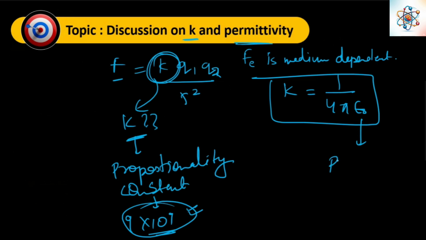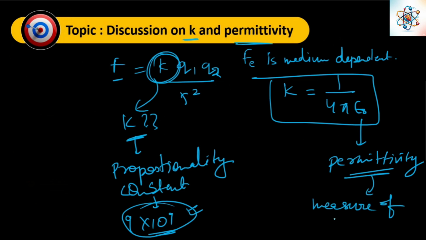That is something we call permittivity. This permittivity is actually the measure of the medium, basically a number which defines the medium.